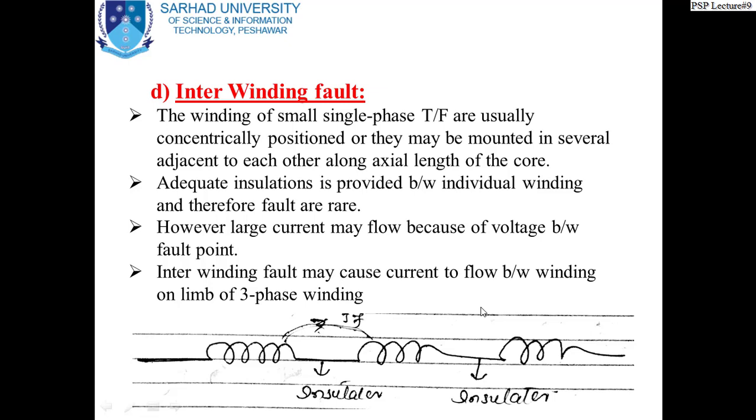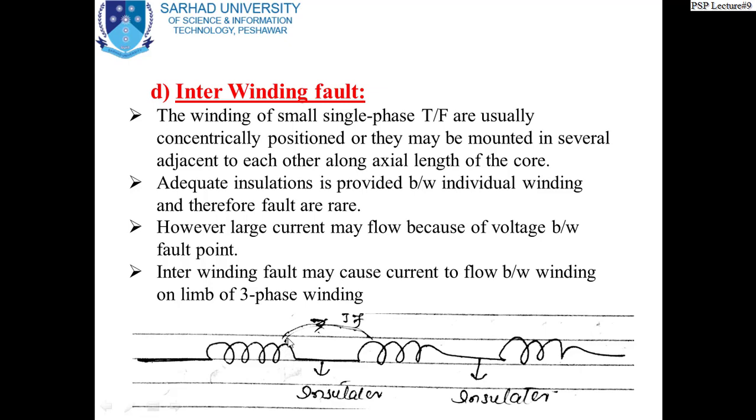Now, interwinding fault. Gentlemen, this type of fault you see in some transformers, where we have a bunch of turns separated. That is, the total winding is separated into different sections. Let's say, for example, in the figure shown, we have a total winding of 3 sections. Each winding is separated from the other winding by certain insulation. Sometimes the insulation between these two windings is damaged.